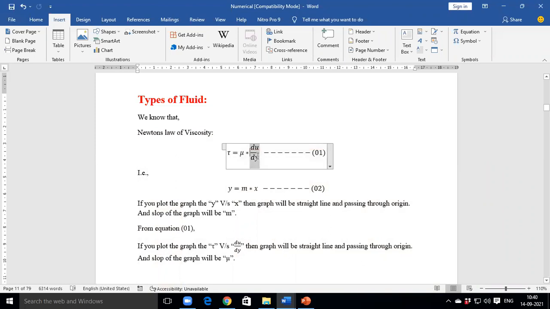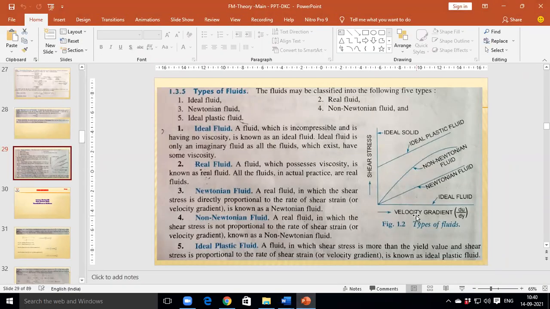Tau is the shear stress, on the y-axis. And the x-axis means which term? Velocity gradient. Du by dy is the velocity gradient. And on this x-axis, which term is mentioned? Velocity gradient, du by dy.